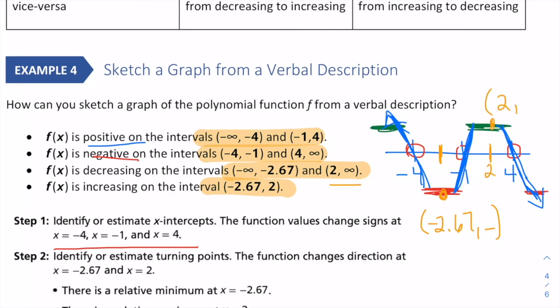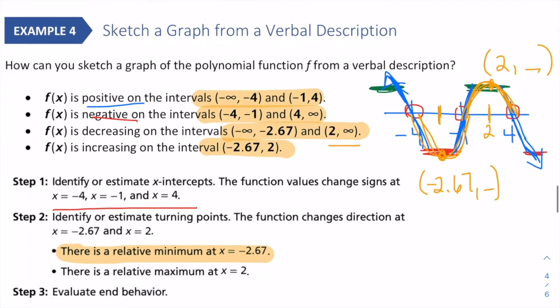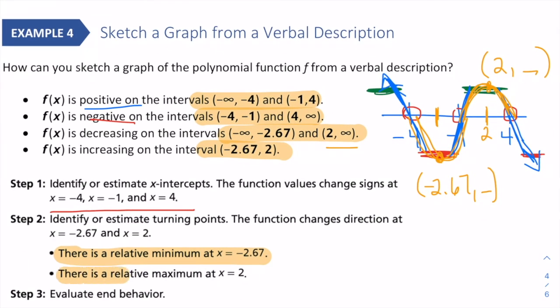So I'll put 2 here so we can see another y. We know that these are going to be turning points. Those are going to be the max. This is the maximum here, and this would be the minimum. So it says the relative minimum at x equals -2.7 and a relative maximum at x equals 2.